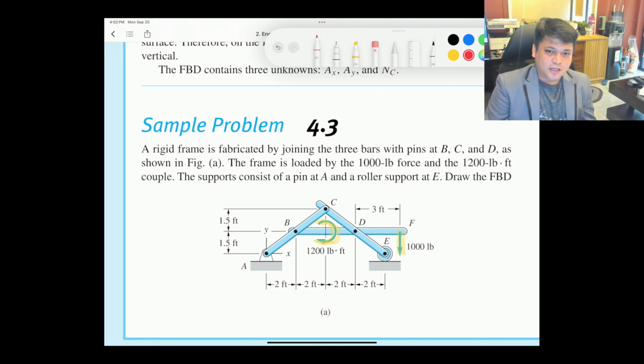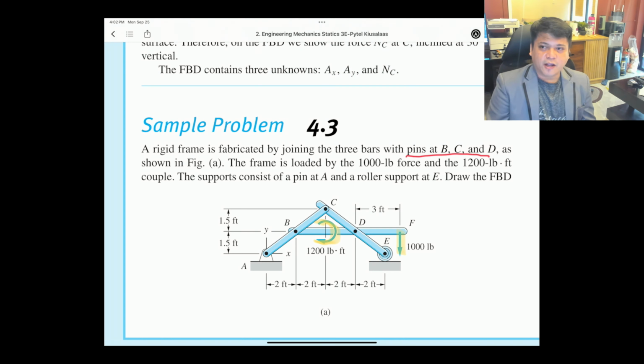Si point A, since again it is a pin support, okay, sinabi naman po, okay, so si B, C, and D, again, pins din po yun, okay, pero hanggat hindi mo siya tinatanggal, hindi po ma-expose yung pinaka-reaction niya. So at this point in time, yung B, C, and D, wala pong naka-expose na reaction dyan.